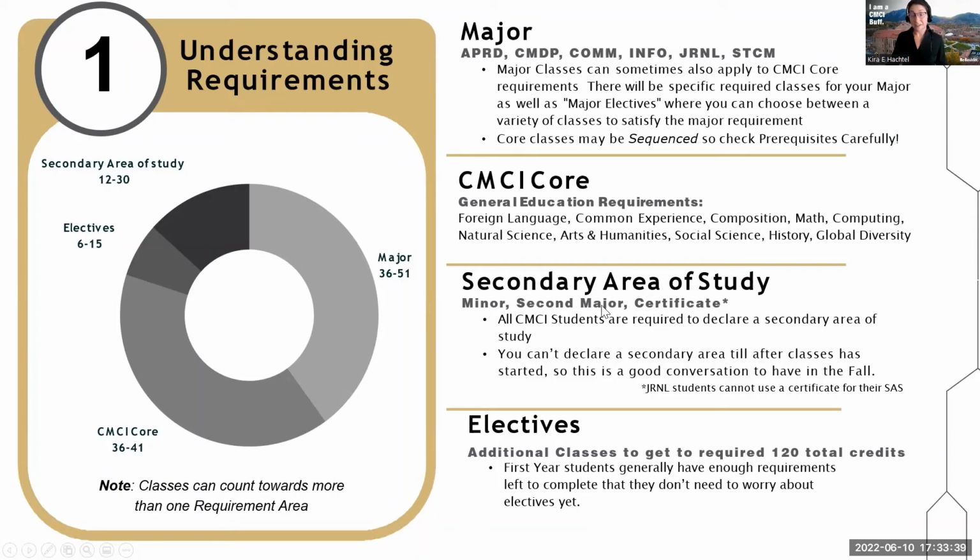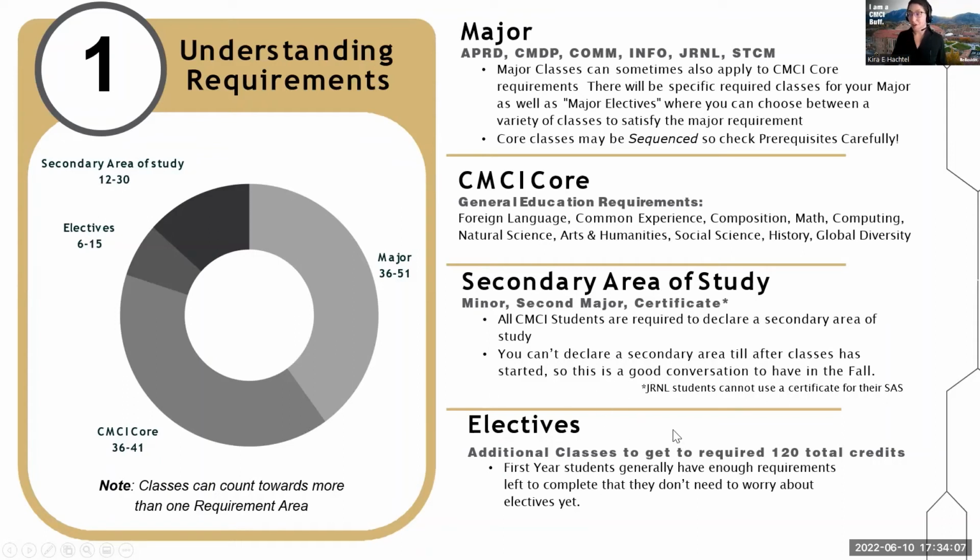Secondary areas of study for most majors can be a minor, a certificate, or a second major. If you're not sure what you might want to do, this would be a great opportunity to explore the CU Boulder program catalog to see what programs are available, or a great conversation to have with an advisor so that they can help you connect your interests to a suitable secondary area.